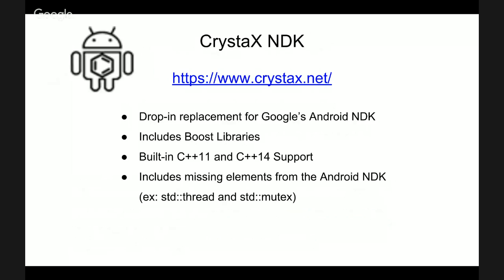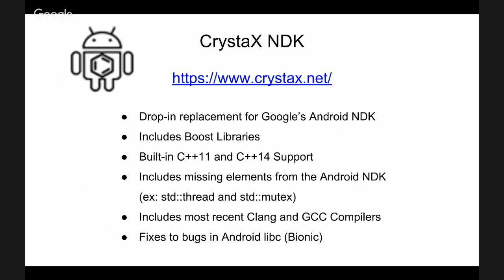It's got a lot of the missing elements that I was speaking of, like the thread and standard mutex, that kind of thing, that you're probably going to need. And it has more recent compilers, and again, it fixes bugs in the Android libc.